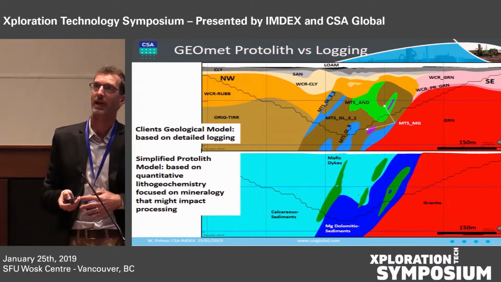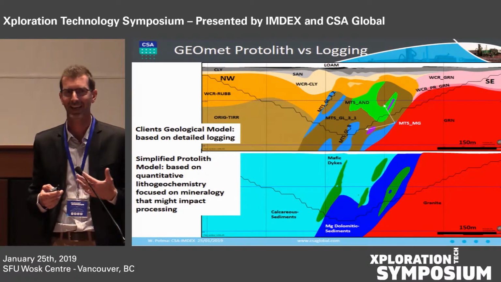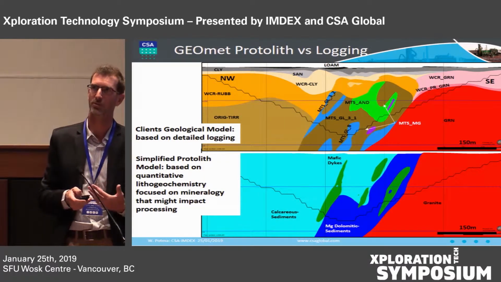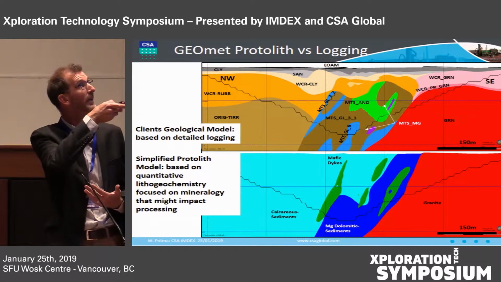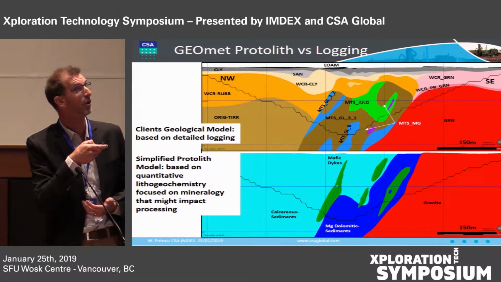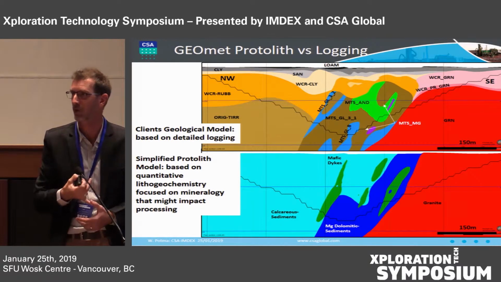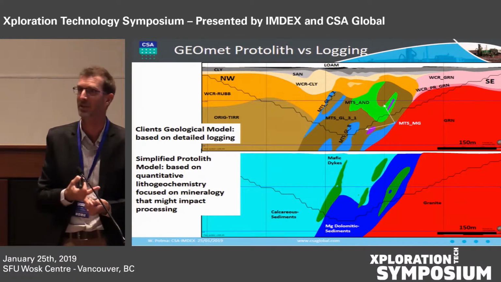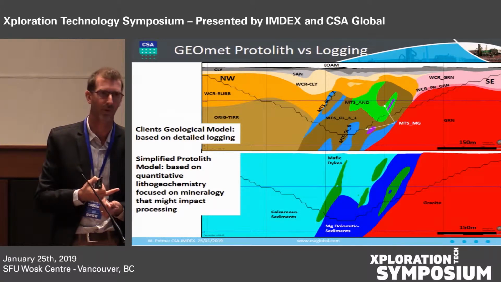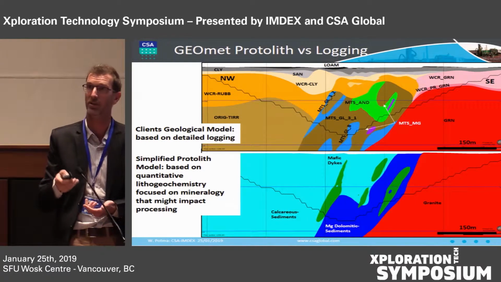The other problem was that whilst the logging had been done very, very carefully by very good observational geologists, what had been logged and the geological model that you can see in the top here, that the company had before we even joined the project, with a granite on the eastern side, the host rocks on the west, was extremely complex, virtually unminable, and didn't relate to the metallurgical properties, if you like, or even the mineralogy of the rocks. It was just the geologist's best guess, and they did their best to identify the lithologies.